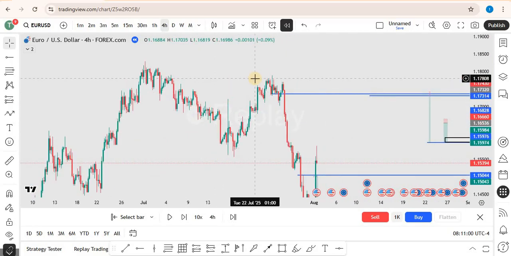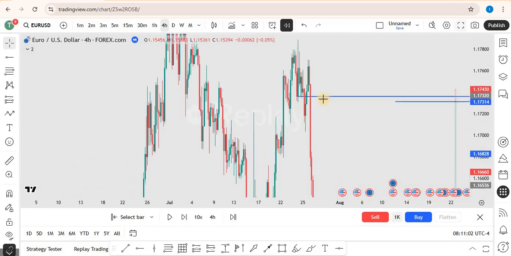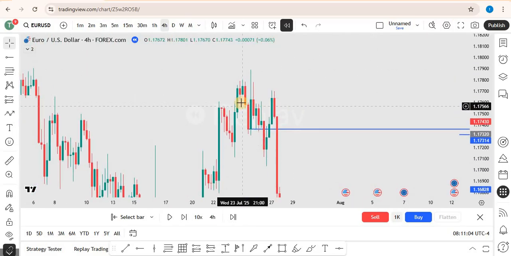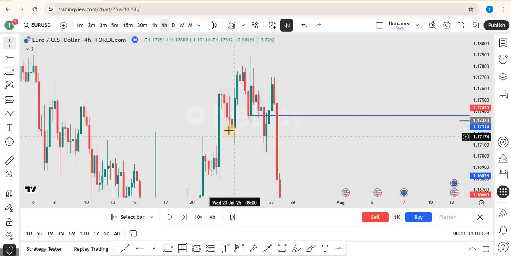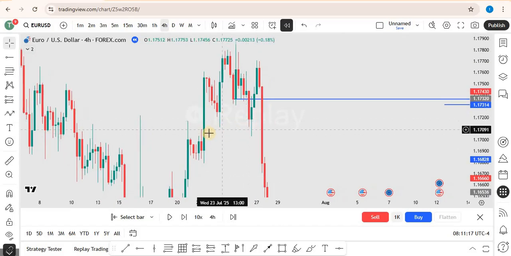everywhere is CRT, only you have to focus on it and wait. The most important point is the wait. Liquidity sweep, fair value gaps, boom, sweep, boom, sweep, boom, like that.